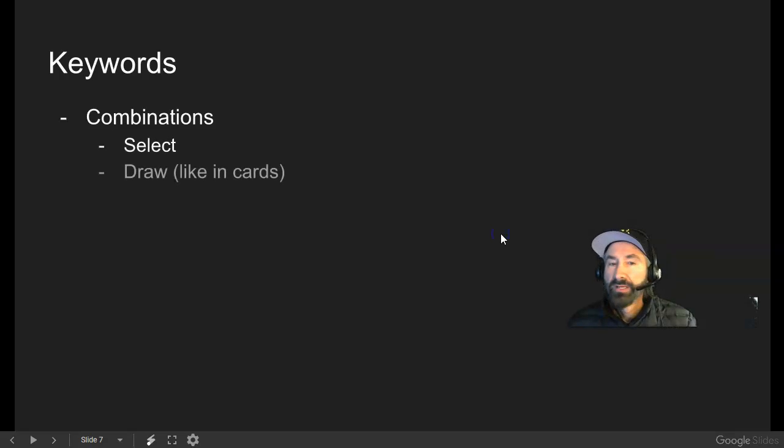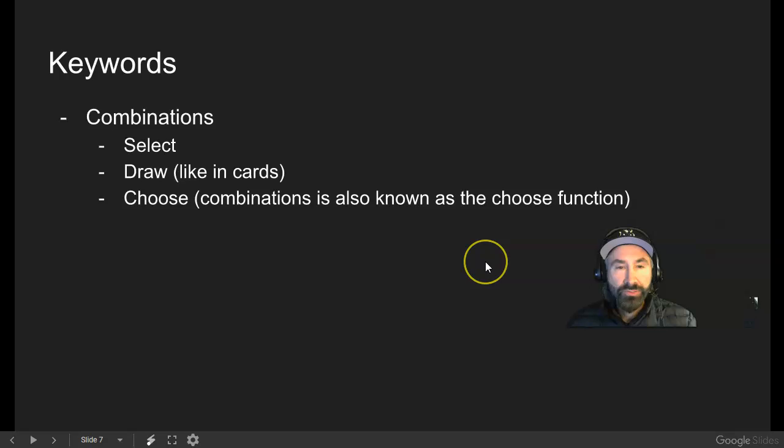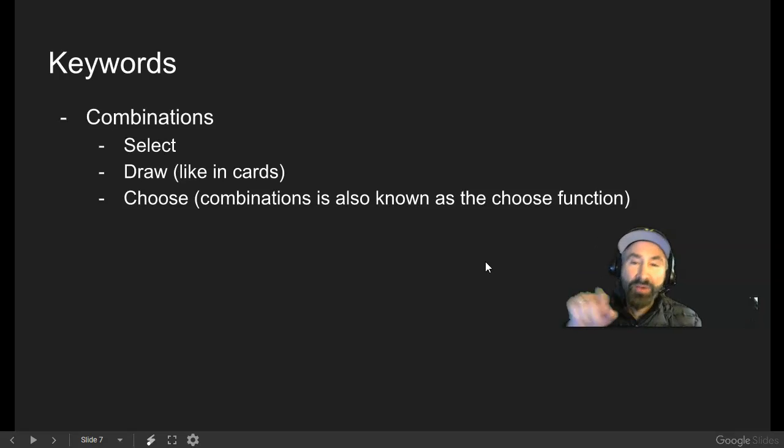Select, draw, like the way we can draw a card or cards in a deck of cards, like in a game of poker or blackjack. Choose is another word that would indicate we'll use combinations. How many ways can we choose 3 of 12 horses?